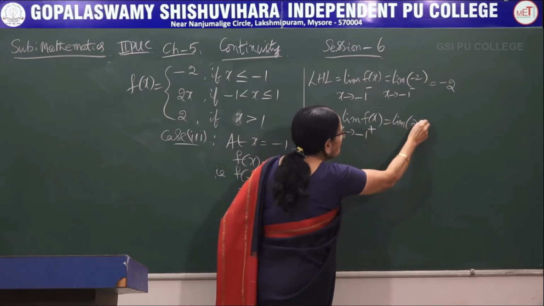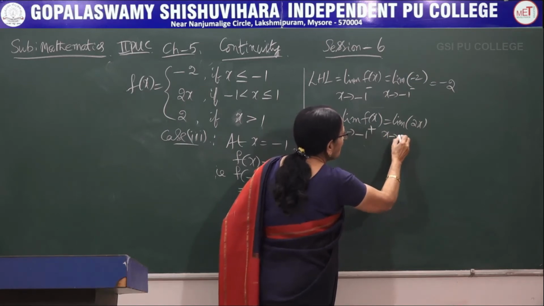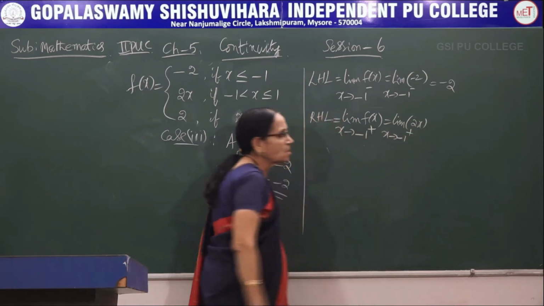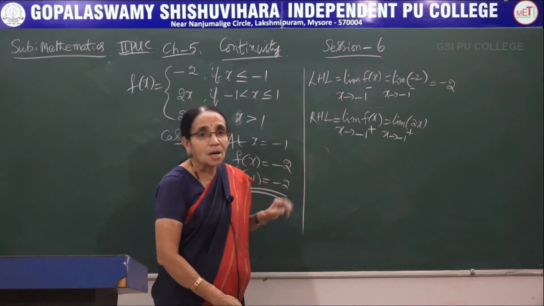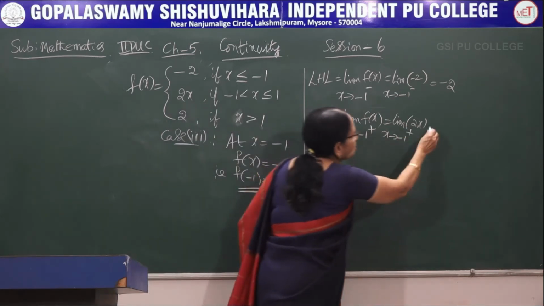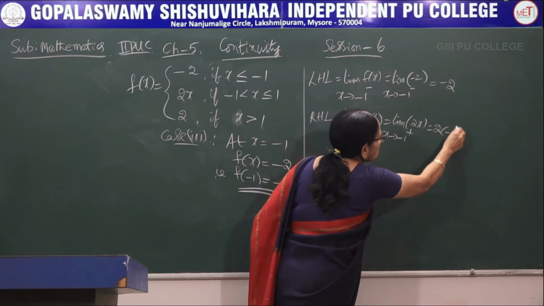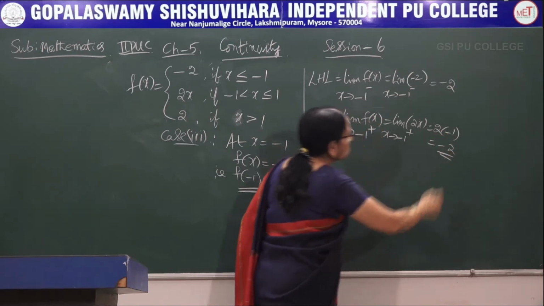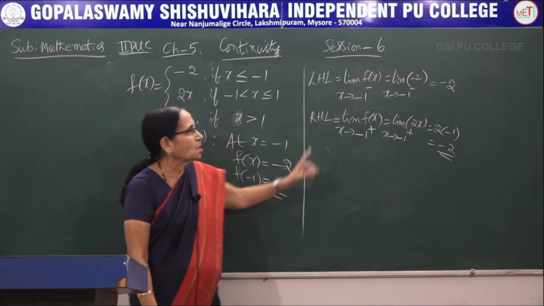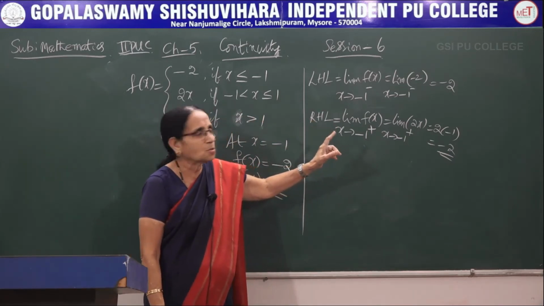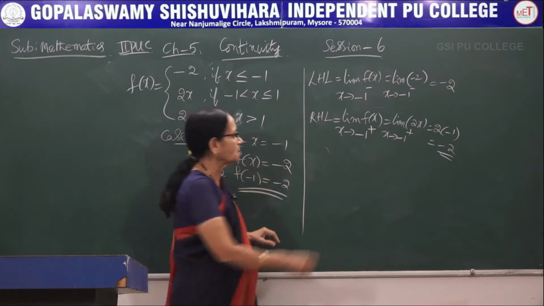It is limit of 2x as x tends to minus 1 plus. Now, what can be the value? Wherever x is there, write the value minus 1. So, 2 into minus 1, that is minus 2. What you observe here: the value of the function is minus 2, the left hand limit is minus 2, the right hand limit is minus 2.